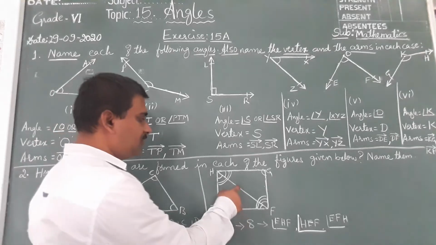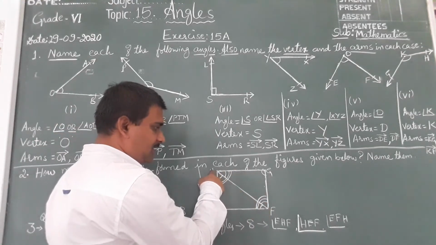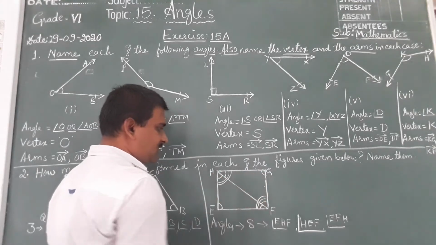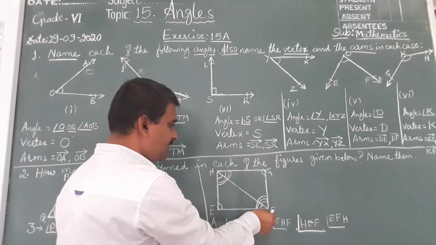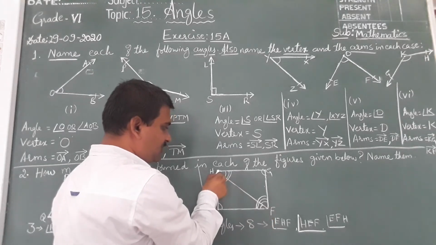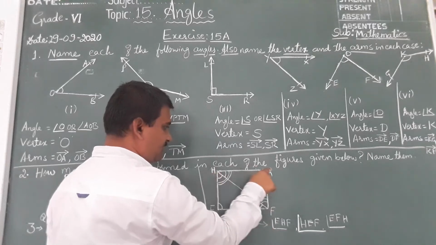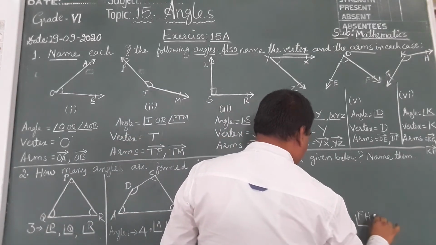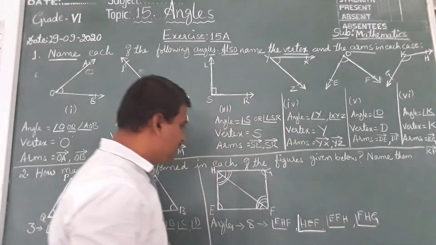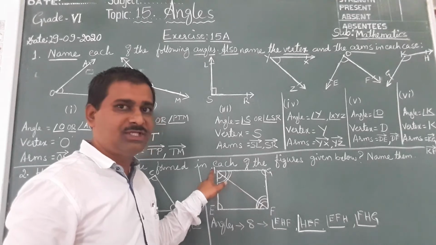Next, we'll go to this triangle now. This part. Here also you will get three angles. First we'll write FHG. Which one is written, children? This angle, FHG.